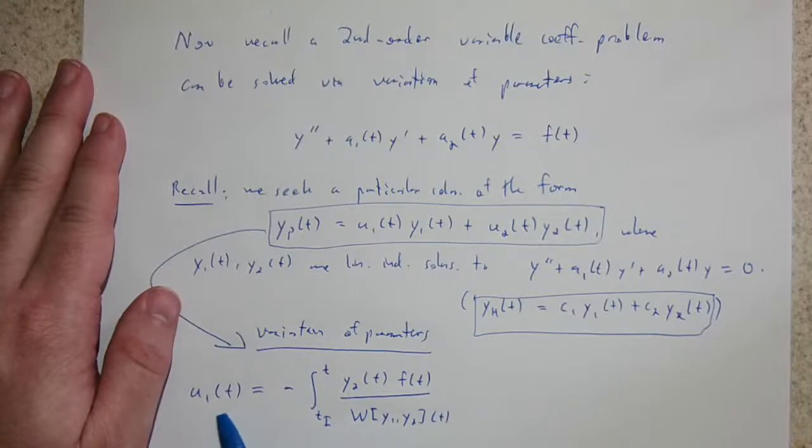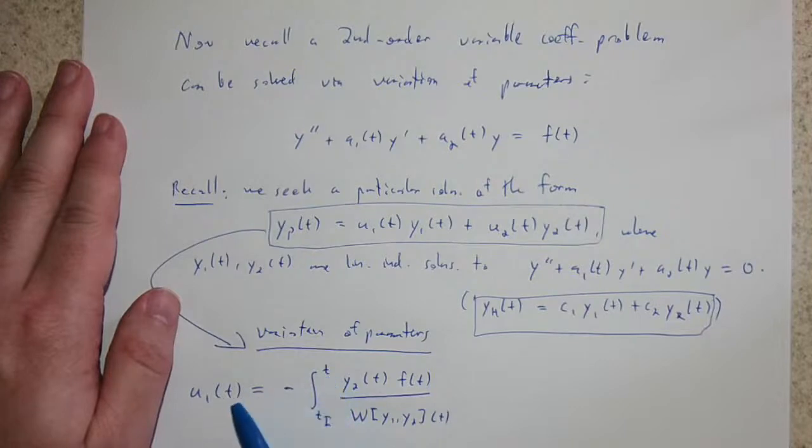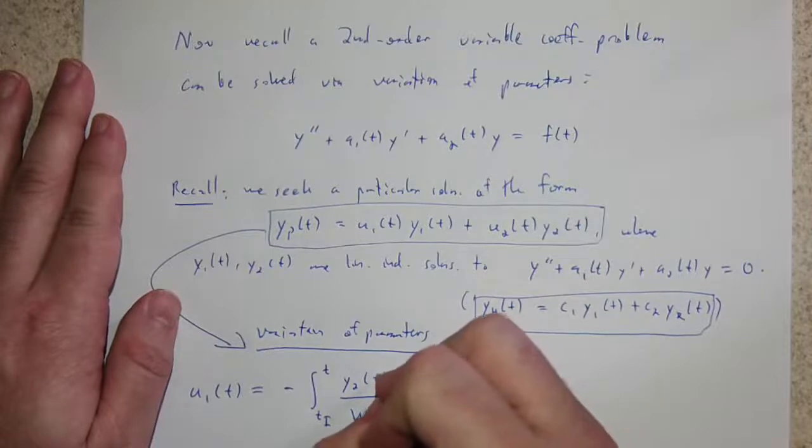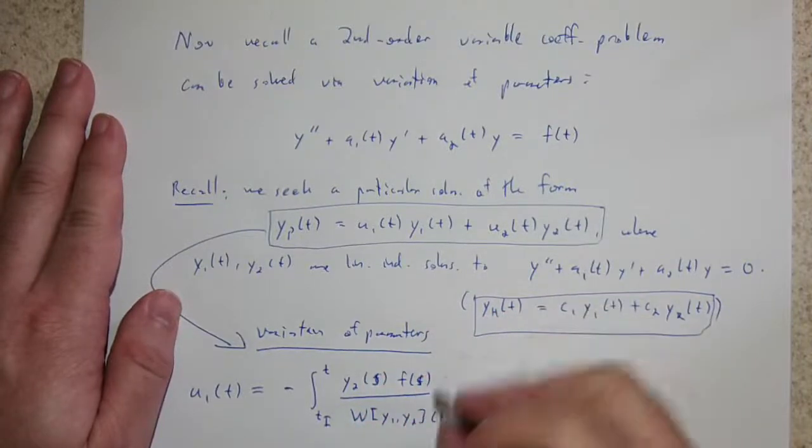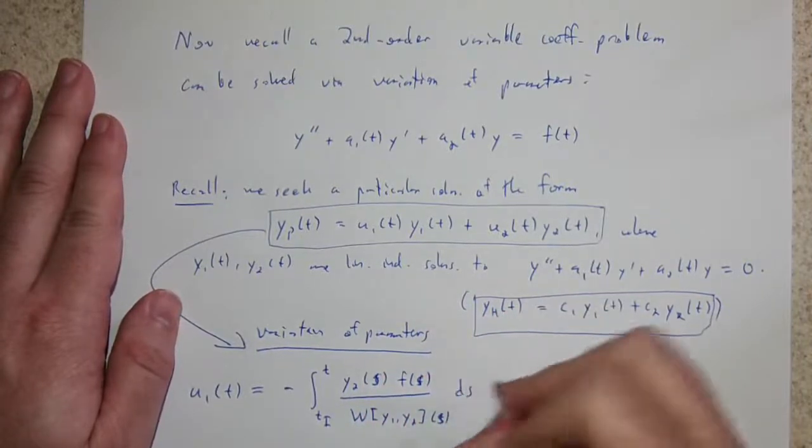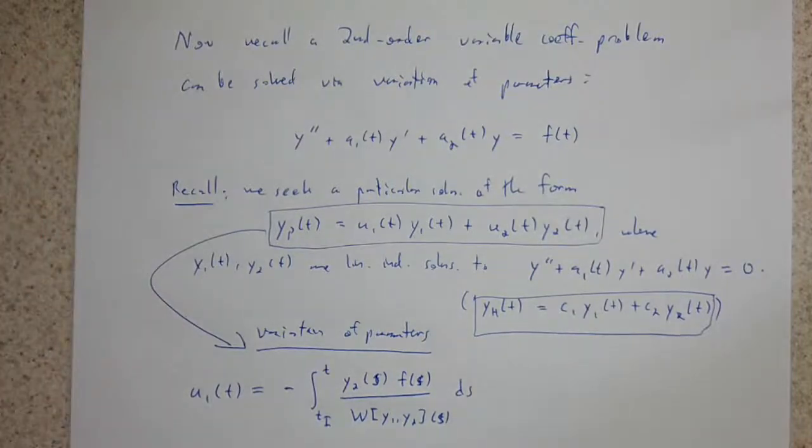So I've done something slightly wrong. This is my variable, here is where this goes. Then I need to replace the integrand variable with a dummy variable. So I'm going to replace this with the dummy variable s: here's s, here's s, here's s, and this is all ds.